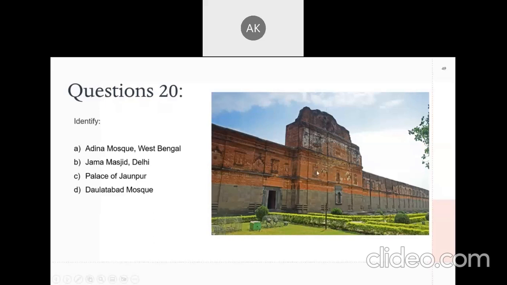That was the feature shown in the lecture: one of the unique structures where the base layer is built from stone and the above layer from brick. Brick is common in West Bengal, which is known for terracotta and brick, not really for stone construction. So the answer is Adina Mosque of West Bengal.